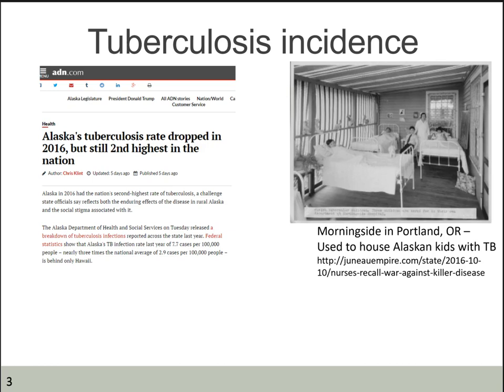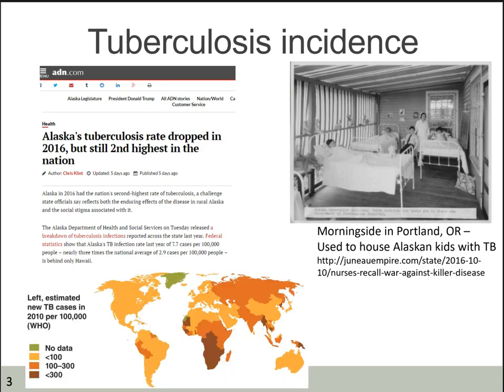They weren't schooled in these sanitariums, they weren't given an education, and this completely disrupted their family structures and their education. Alaska still has very high rates of tuberculosis, as seen in this article, and in 2016, we had the second highest rate in the nation.